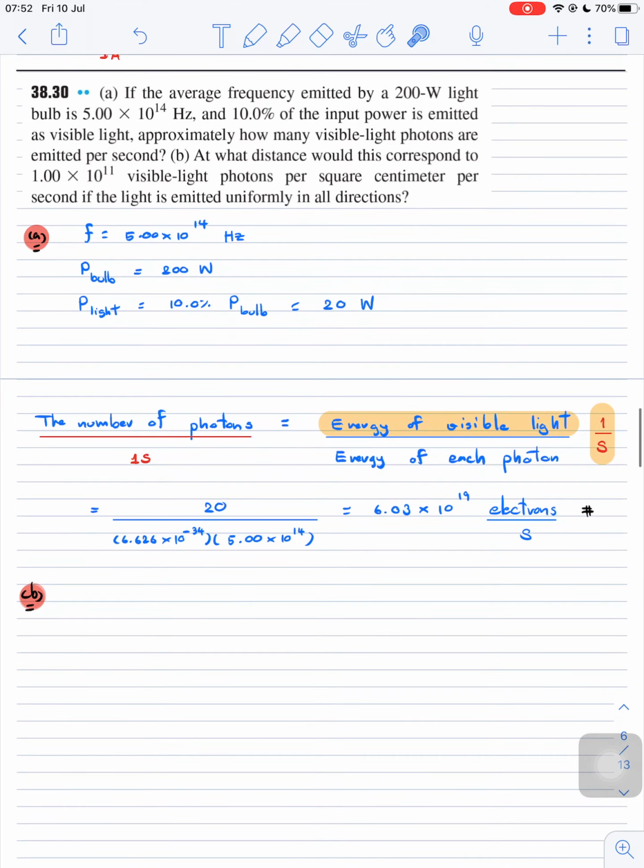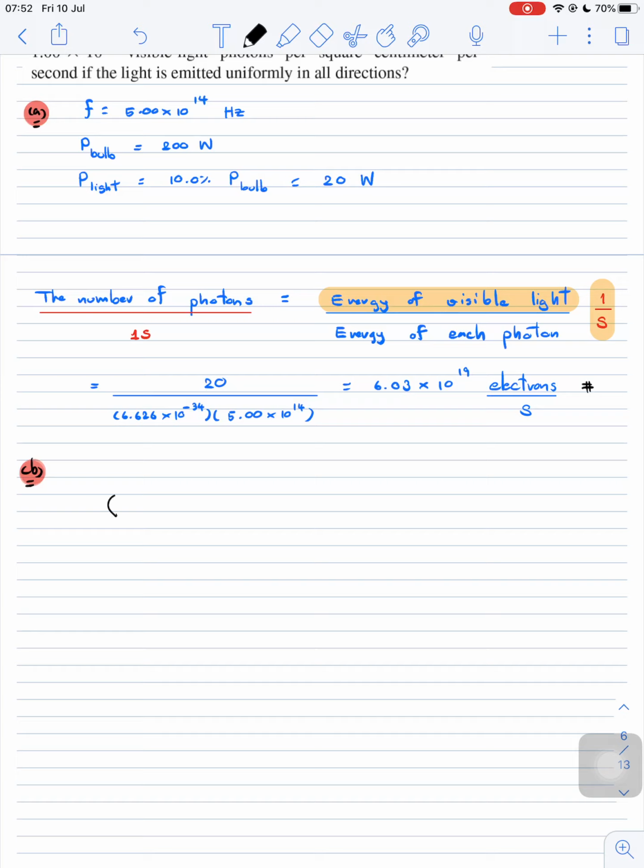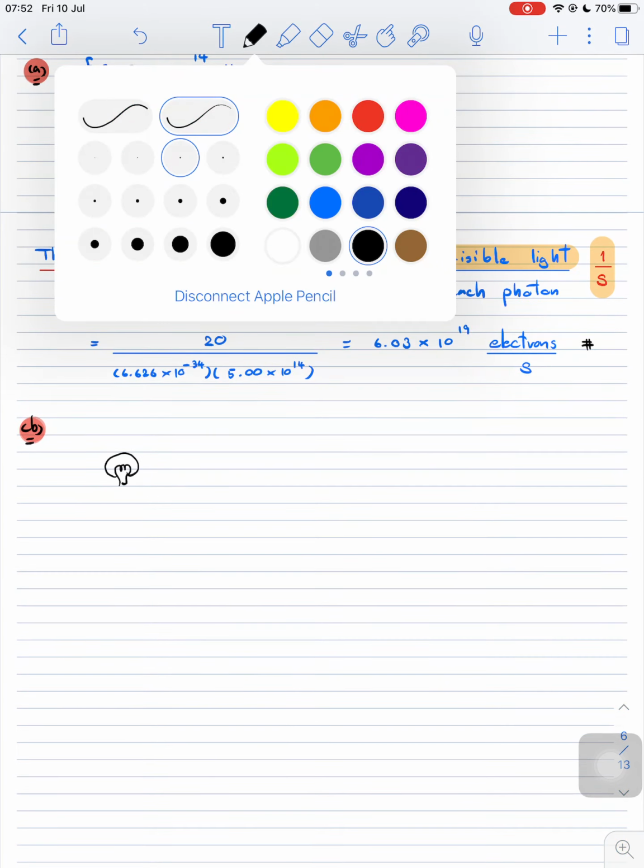Let's say we have a light source here, the light bulb, and the light is emitted in all directions.